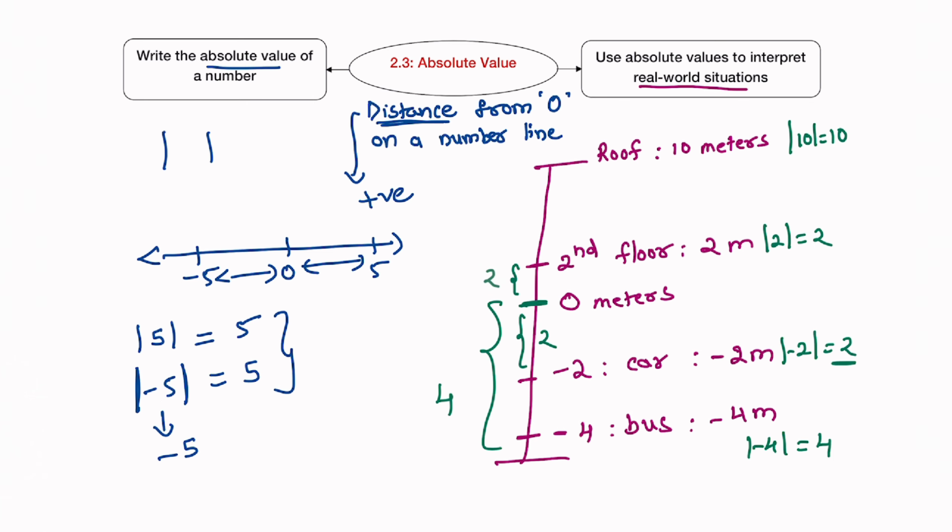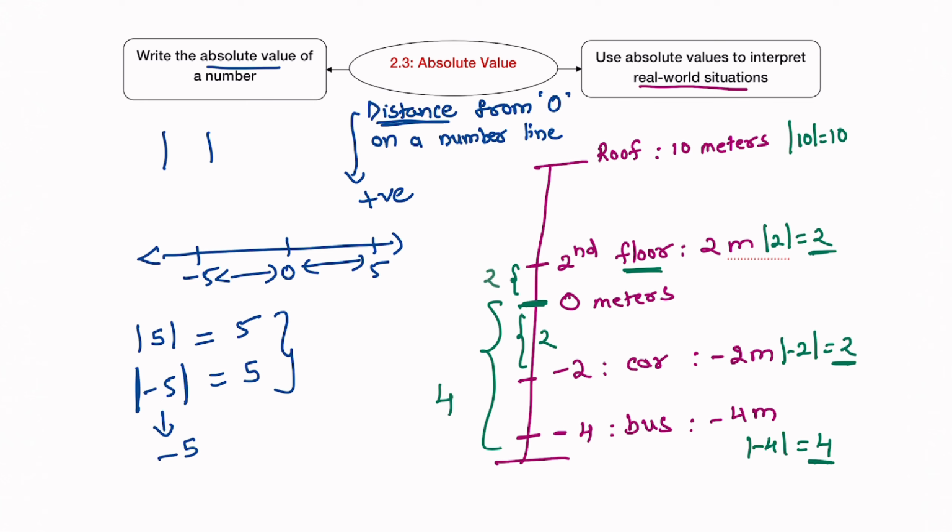So the distance of the car, which is 2, and the distance of the second floor, which is 2, they are equidistant from 0. And this minus 4, the distance is 4. So this is further away compared to the car parking and compared to the second floor.